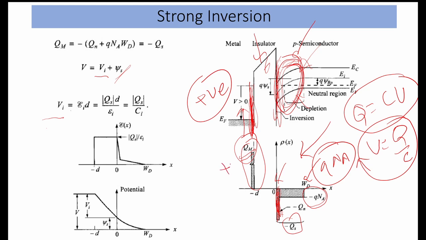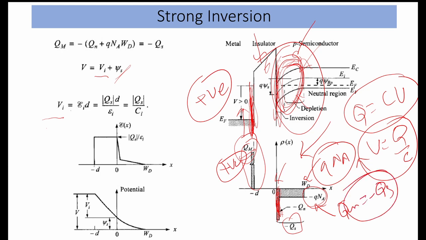The positive charge at the metal will be equal to the negative charge in the semiconductor at this interface. Whether it is deeper or at the interface, the total charge should be the same. So Qm should be equal to minus Qs.